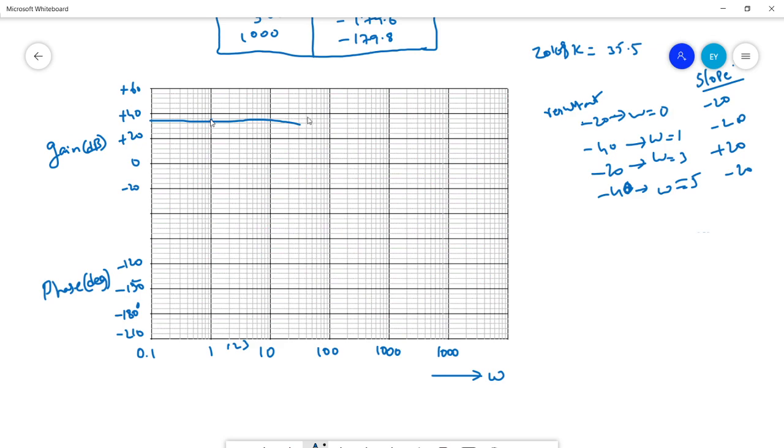The next step is at omega equal to 0, which is contributing minus 20 dB. So here we have a pole, meaning minus 20 dB. We have to consider the variation at omega equal to 1, right? At omega equal to 1, it is actually varying and giving minus 20 dB, right?